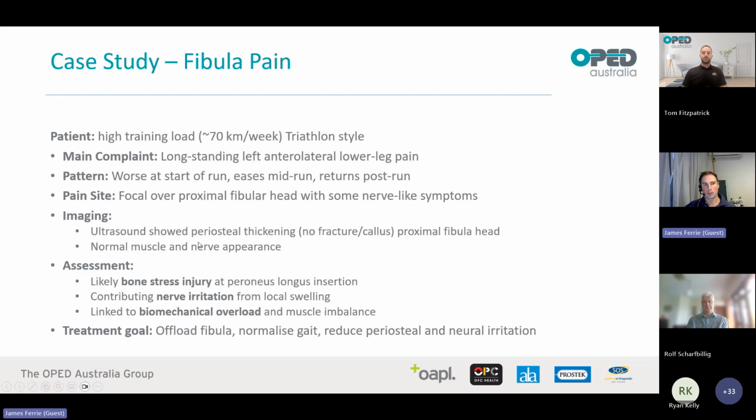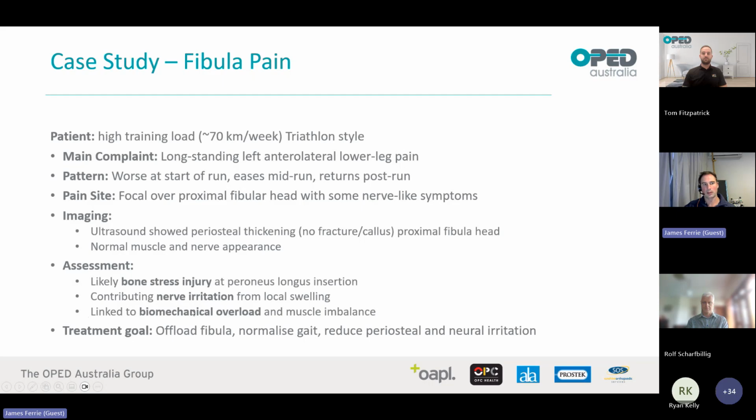The muscle and associated nerve are quite normal, but there is a point where the nerve passes between that thickened periosteum and underneath peroneus longus, where there can be some irritation, and he did have a positive Tinel's, so that nerve was getting somewhat irritated. So from an assessment point of view, we're likely dealing with a bone stress injury at that peroneus longus insertion site, which is contributing to some local nerve irritation.